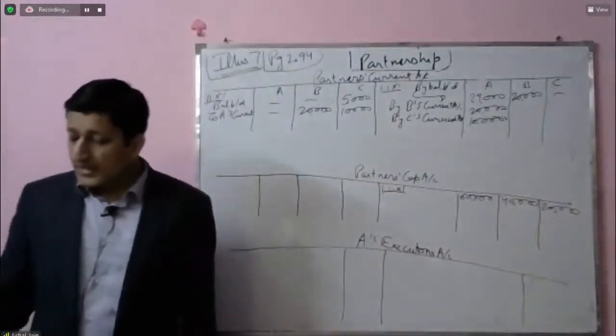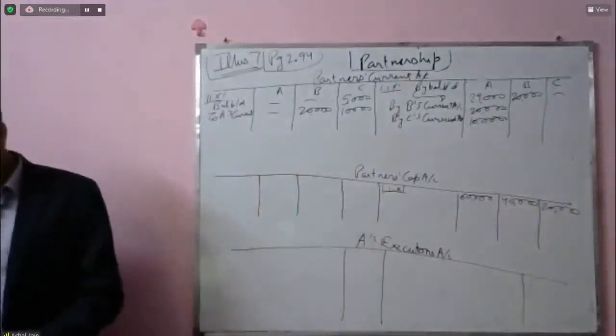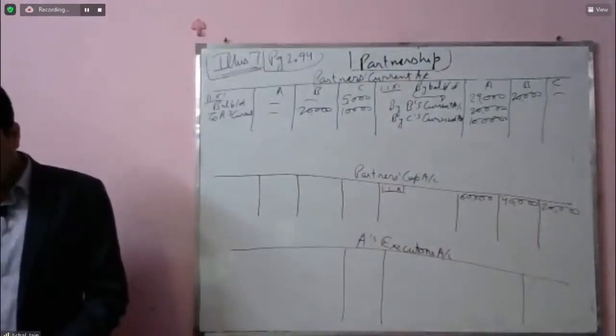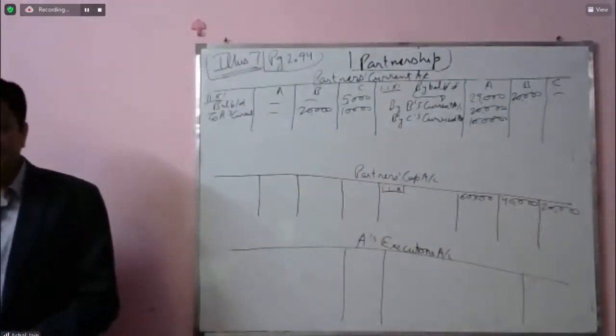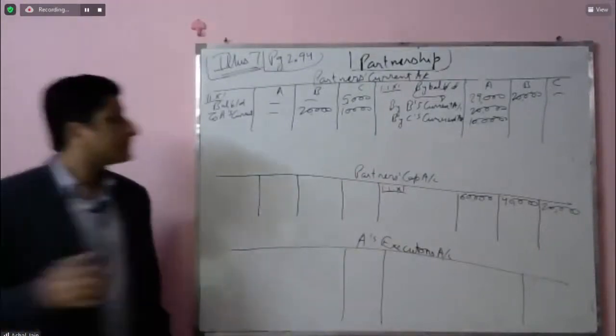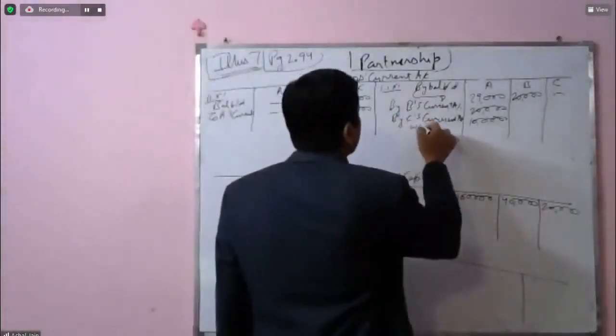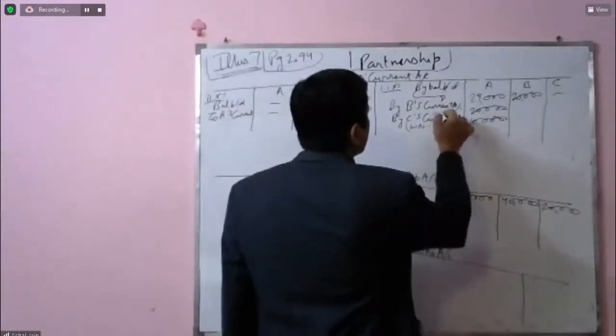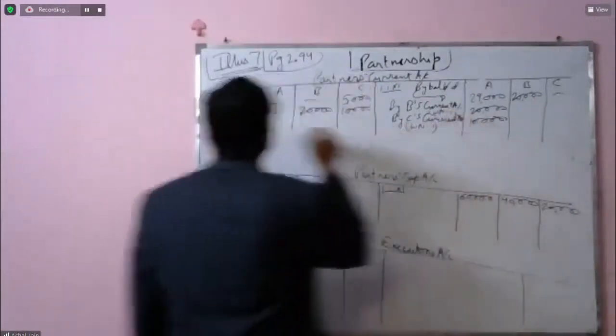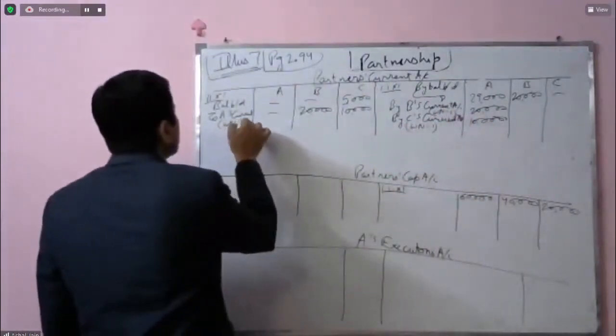So goodwill has got adjusted in their accounts. And with this, we have also looked at our first working note. You can give the reference of working note over here. Working note 1, working note 1, and of course, working note 1.